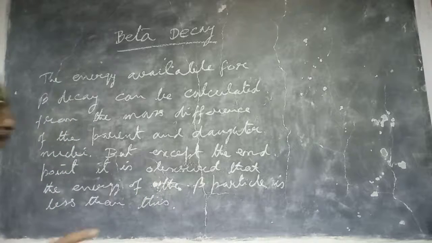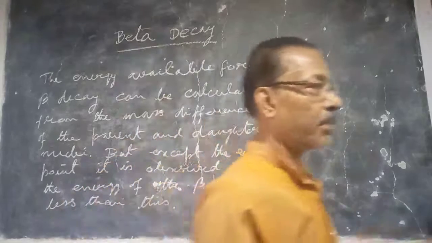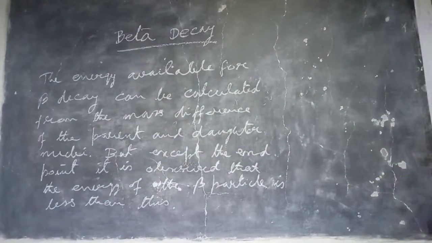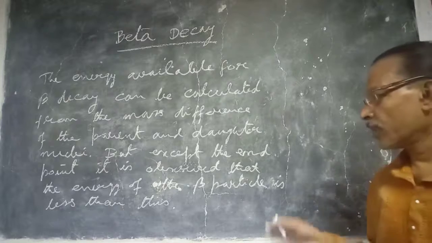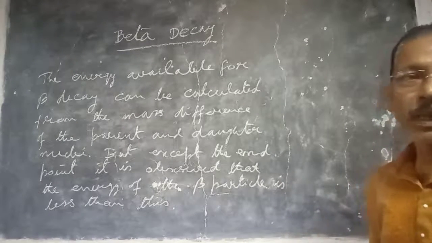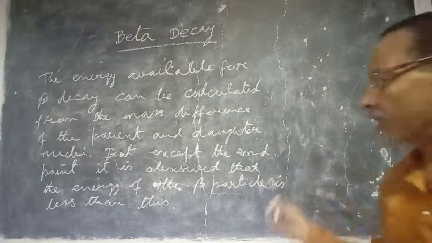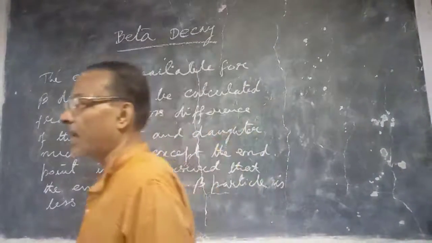So if the energy of the beta particle is less than this, that means some other particle, or more than one, may be involved in this process, and they may carry the rest of the energy. So we get a continuous distribution of the energy curve.